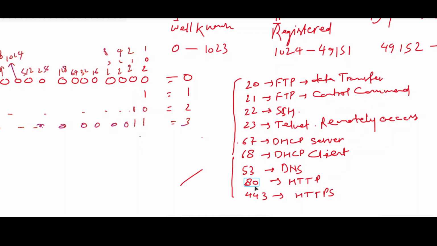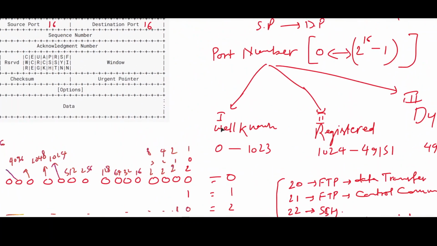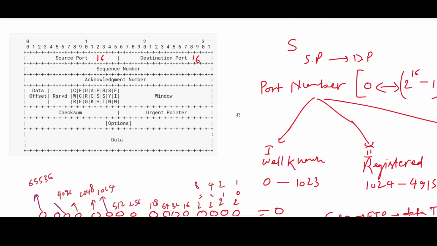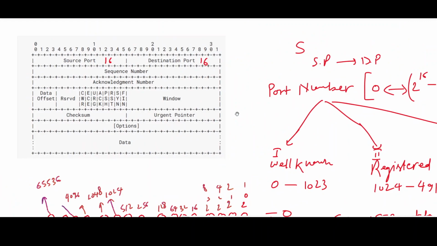So generally we send information to port number 80, we use 80 as the destination port. So this is sometimes well defined and fixed. Everybody knows HTTP is for port number 80.